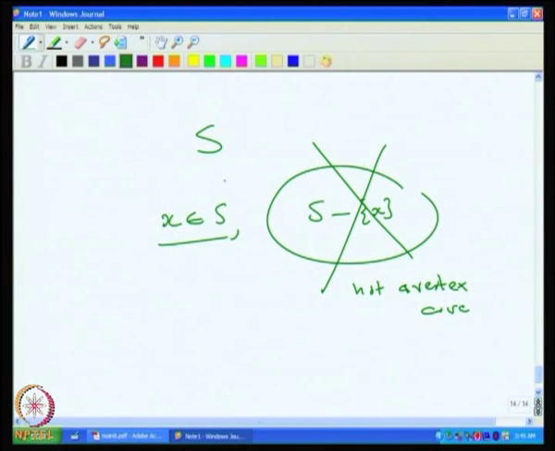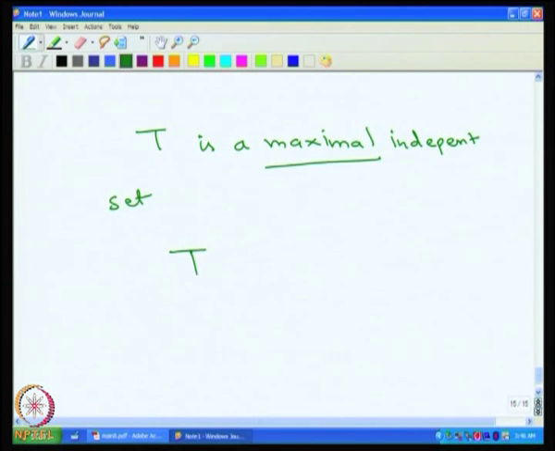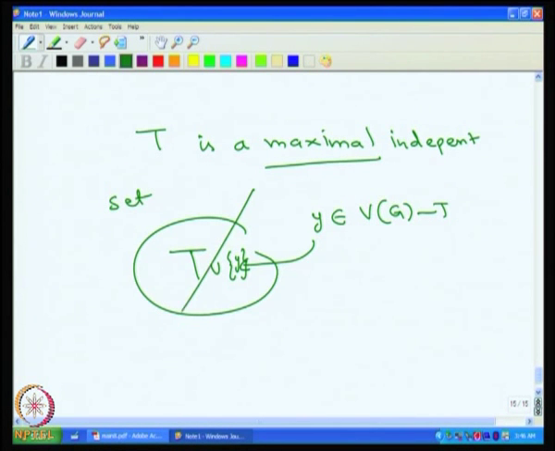That is the minimality of S, that is a minimal vertex cover. Similarly, we talked of a maximal independent set in the last class. Suppose T is a maximal independent set. What was the property? Then you take any y, an element of V of G minus T, an outside vertex, and try adding it to T. Then T union y is not an independent set.